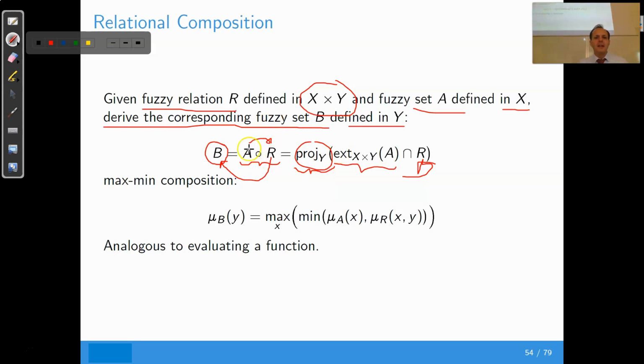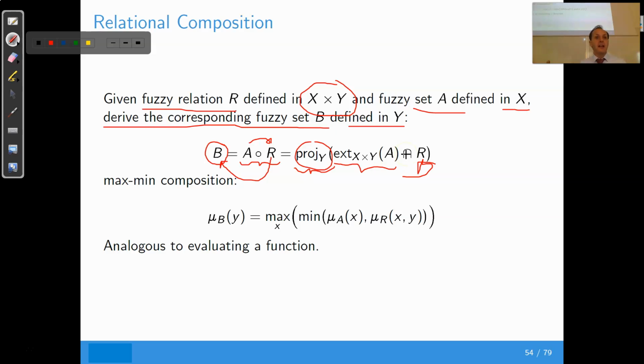So again, you start from A, which is one-dimensional. You perform its cylindrical extension onto R. R, if you remember, is a relation in a multi-dimensional space. So you perform the intersection.